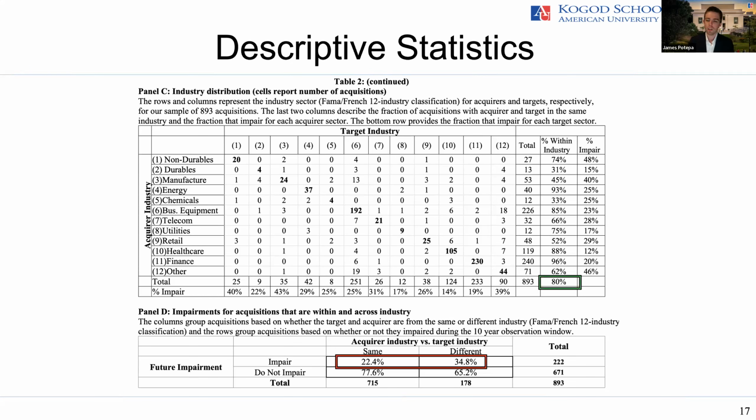Whereas if you're in something like durables or manufacturing, there's a lot more variation in who you're engaging in M&A with. We'd also like to note that the likelihood of impairing varies depending on whether it is a within industry acquisition or outside the typical industry, and it's going to be higher for the ones in different industries.